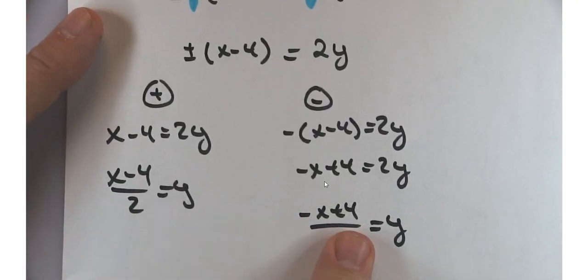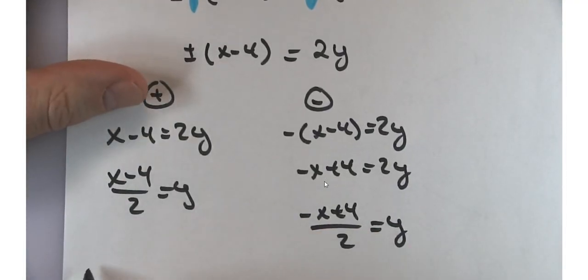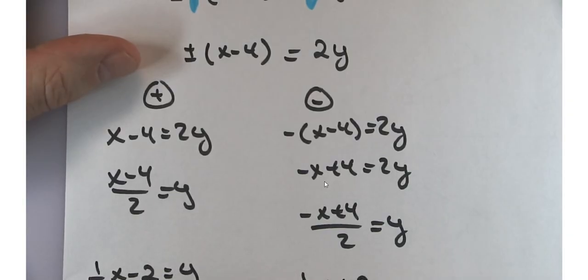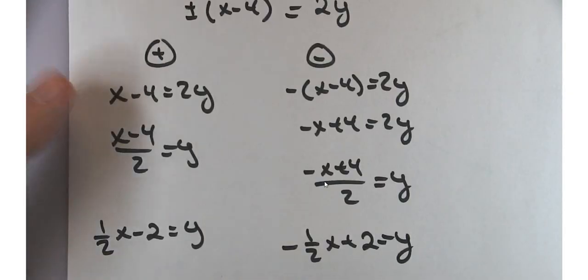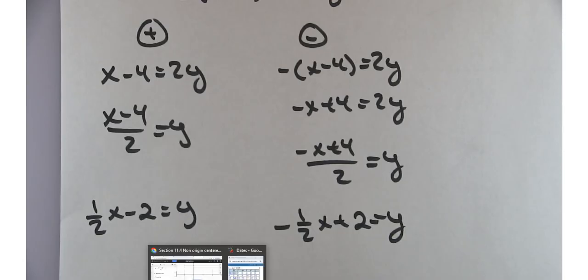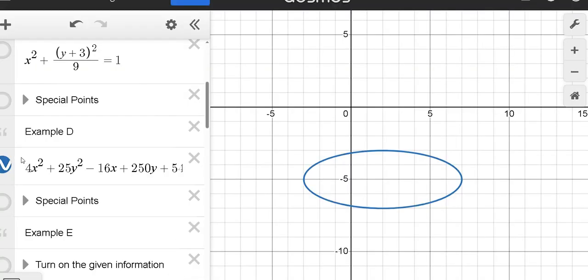What do these last two equations graph to? What would I get if I graphed this one? What would it look like? Can you tell me what either of these graphs would look like? Nothing? Let's see, do I have that one there?